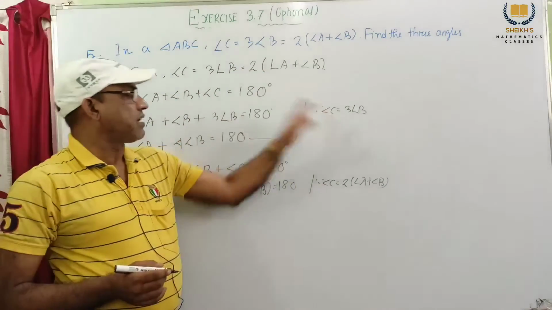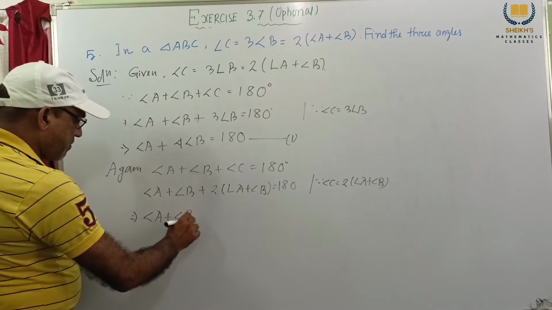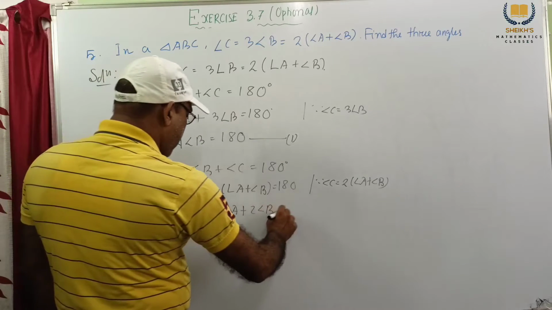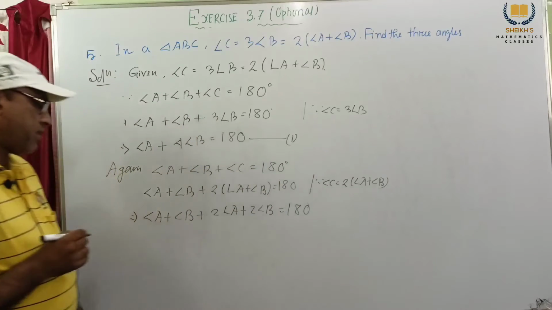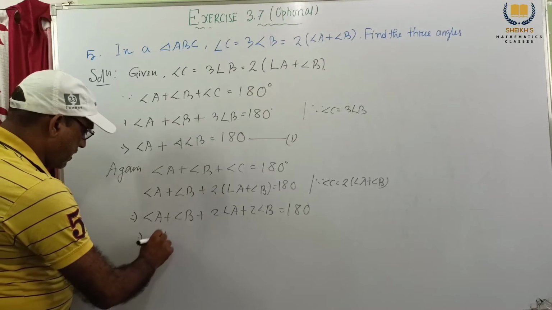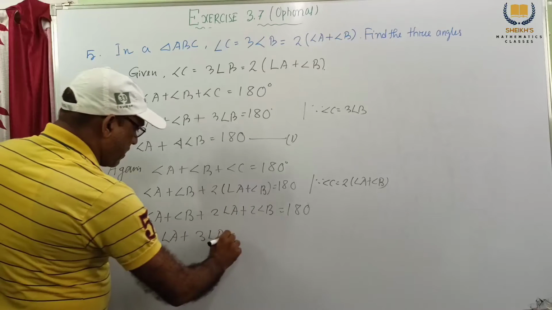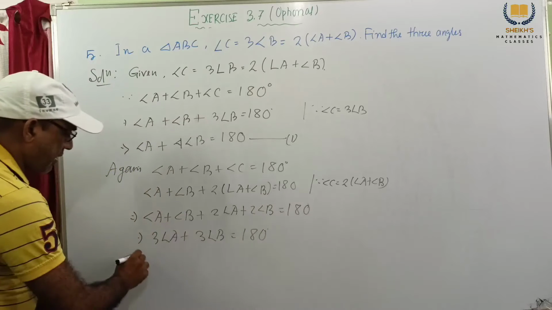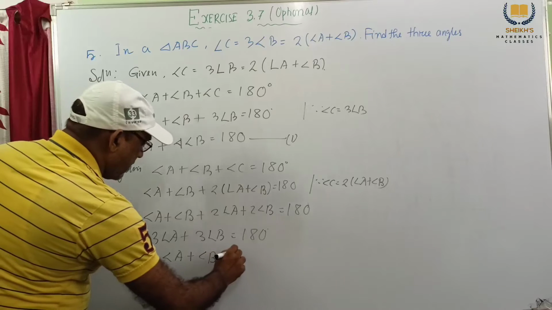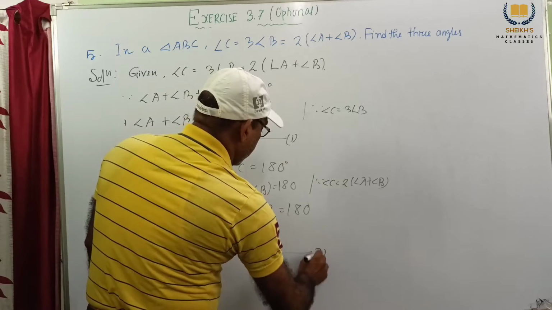Now this implies angle A plus angle B plus 2 into angle A plus 2 into angle B equal to 180 we get. 2 and 1 we get 3. 3 angle A plus 3 angle B equal to 180, and dividing both sides by 3, angle A plus angle B equal to 60 degree. This is number 2 we get.